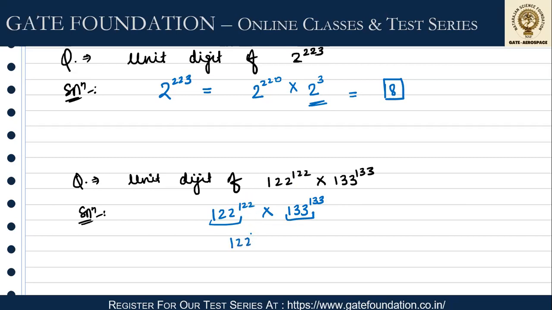So I'll take 122 raised to power 120 into 122 raised to the power 2 multiplied by again 132, so 133 raised to the power 132, which is divisible by 4, and 133. That is what I'll get. So this and this, they do not contribute anything to the unit digit. Over here, I'll get 2 into 2, 4 multiplied by 3 from this part. So 4 into 3 is 12. Again, the unit digit becomes 2.